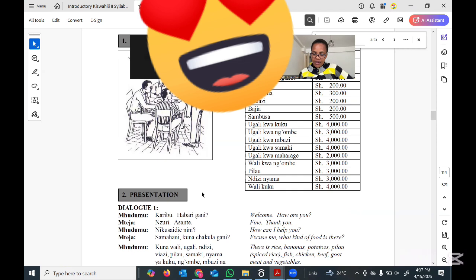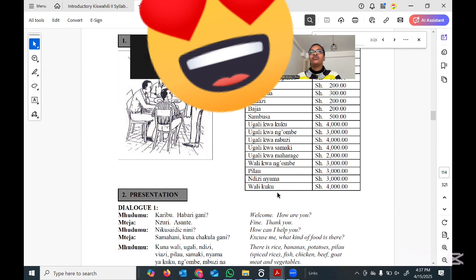Ndizi, nyama, wali, kuku. So actually, these are expressions, so to say. They cut it off. You could have said, kwa mfano, wali. Ungeweza kusema wali naomba wali na nyama ya kuku. Aha, wali na nyama ya kuku.